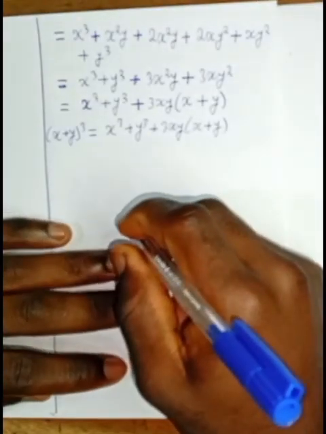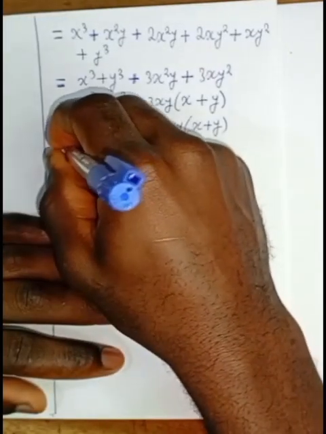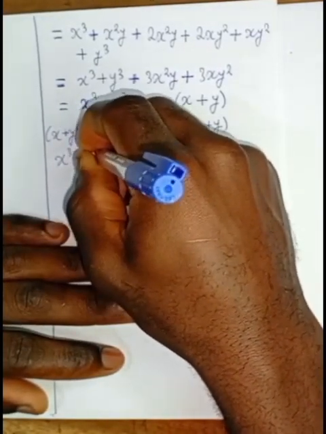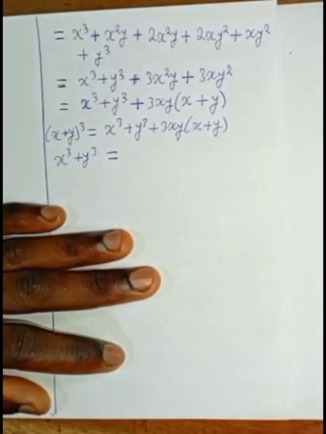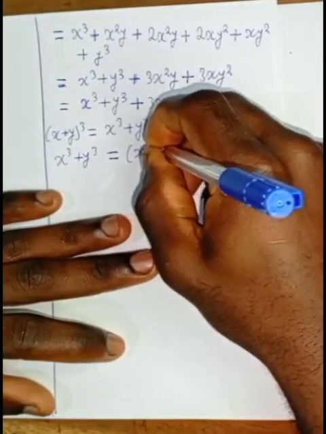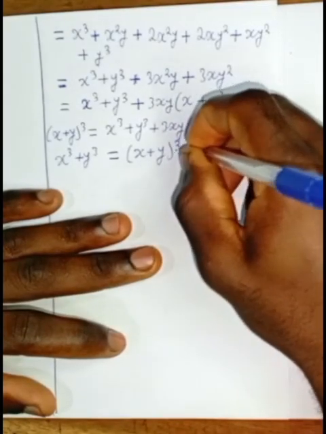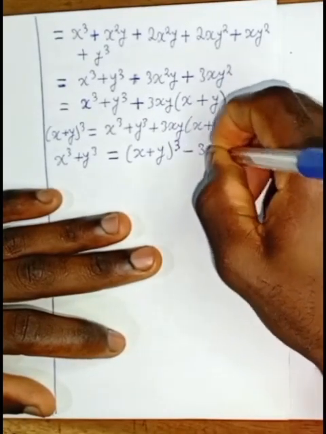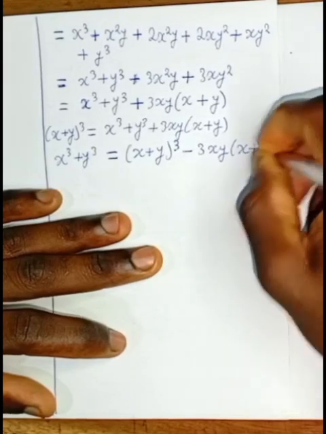So if you make x cubed plus y cubed the subject of the formula, x cubed plus y cubed will simply be the same as, we transfer 3xy times x plus y to the left hand side. This will give us x plus y, all cubed, minus 3xy times x plus y.